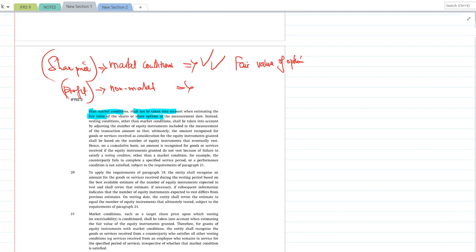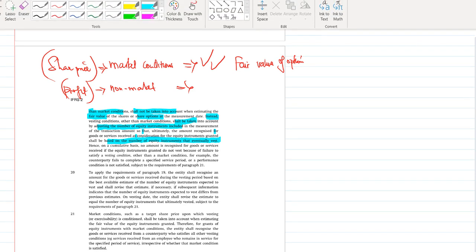The non-market conditions shall not be taken into account in determining the fair value. Instead, where are they taken into account? Instead, the non-market conditions shall be taken into account by adjusting the number of equity instruments included in the measurement of the transaction amount, so that ultimately the amount recognized for the goods or services received as consideration for the equity instruments granted shall be based on the number of equity instruments that are eventually expected to vest.